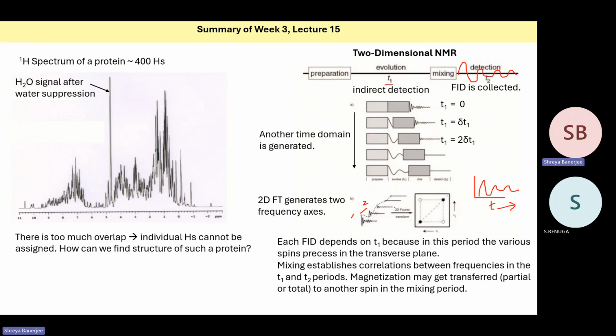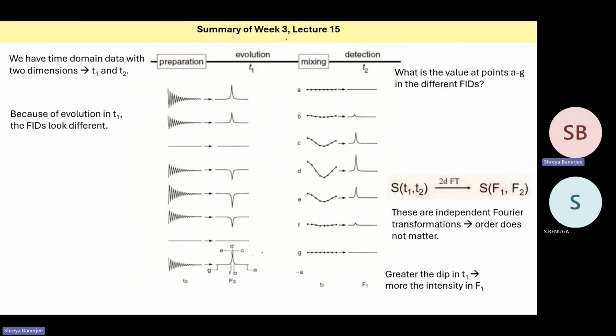If you carry out a two-dimensional Fourier transform, it will give rise to this kind of spectra, where in the x-axis you have frequency and in the y-axis you also have frequency. We have called these times T1 and T2, and we will call the frequencies nu1 and nu2. So depending on the two time axes, you have two frequency axes. And this is the basics of 2D NMR.